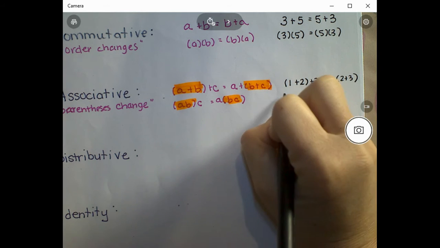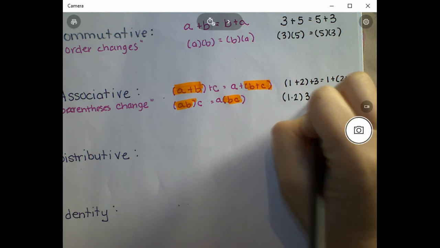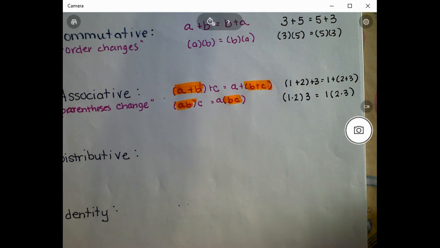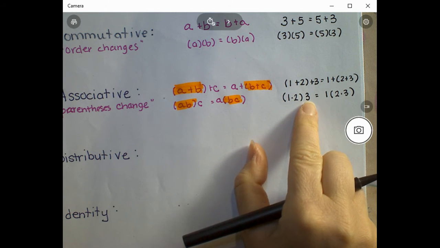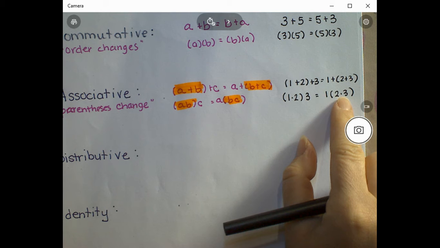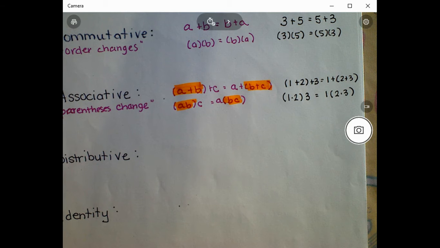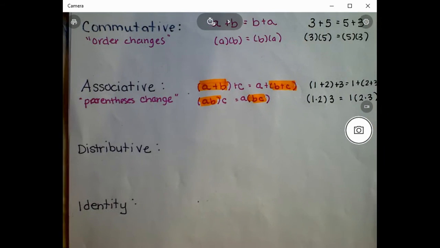This one, (1 times 2) times 3 equals 1 times (2 times 3). 1 times 2 is 2, times 3 is 6. 2 times 3 is 6, times 1 is 6. So you can see that stays the same. No problem. That's the associative property. The group changes, the parentheses.